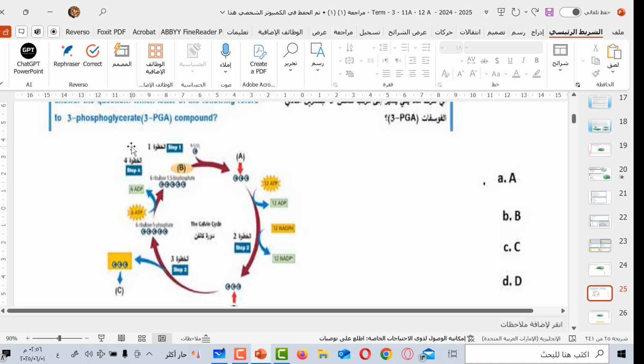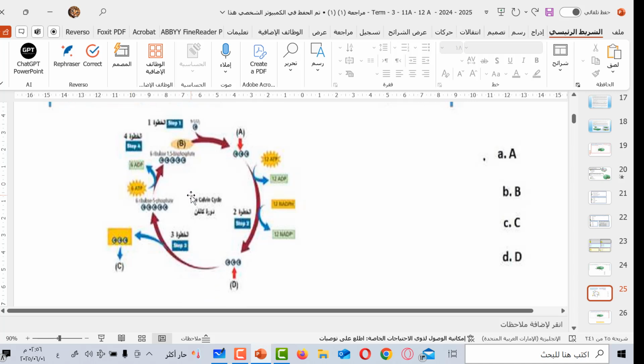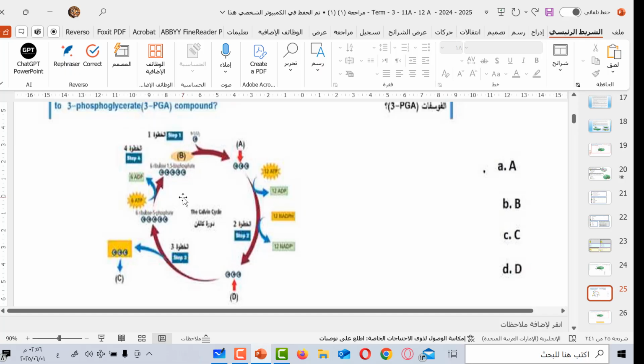I tell my students 3-PGA is an important molecule in this cycle. It will be in the D. So the D is the true choice. Okay, that solves this question.